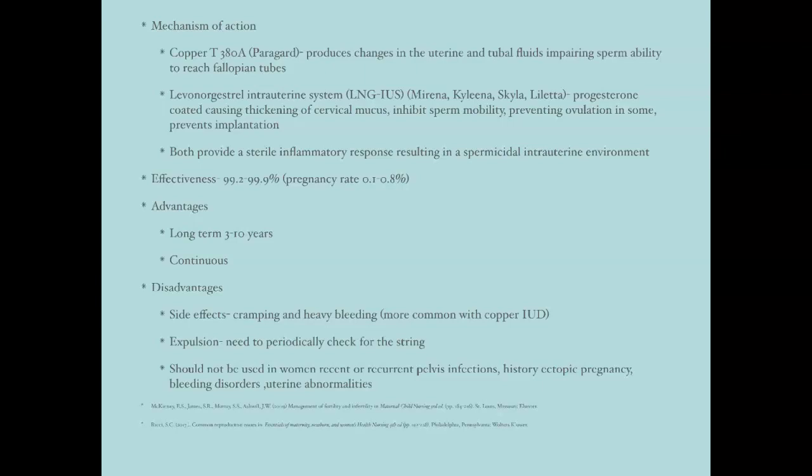These are often known by their brand names as Mirena, Kyleena, Skyla, Liletta. These are progesterone coated, so they're not a copper T, which causes thickening of the cervical mucus, inhibits sperm mobility, prevents ovulation in some, and prevents implantation. Both of these IUDs provide a sterile inflammatory response resulting in a spermicidal intrauterine environment.